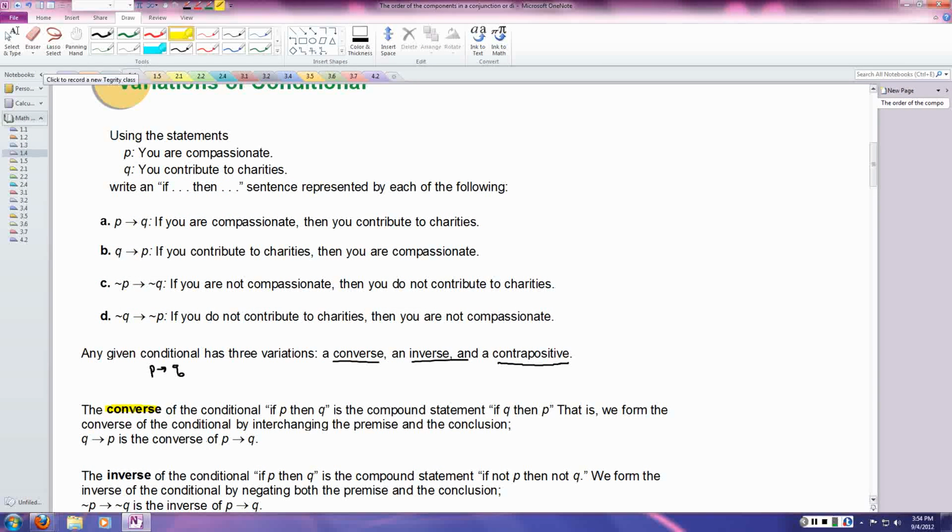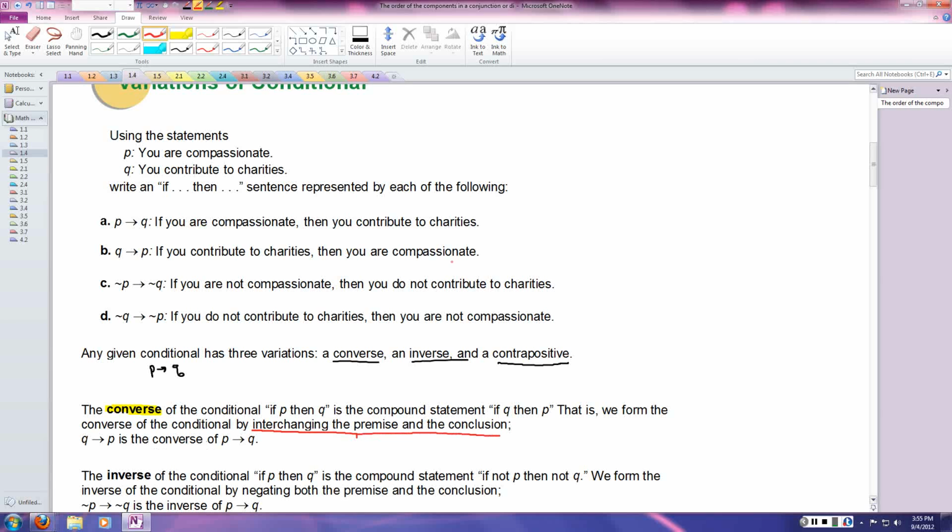If you're given a conditional P then Q, and this is really the important thing, the converse is Q then P. So Q then P, the converse is P then Q. You find it by interchanging the premise and the conclusion.